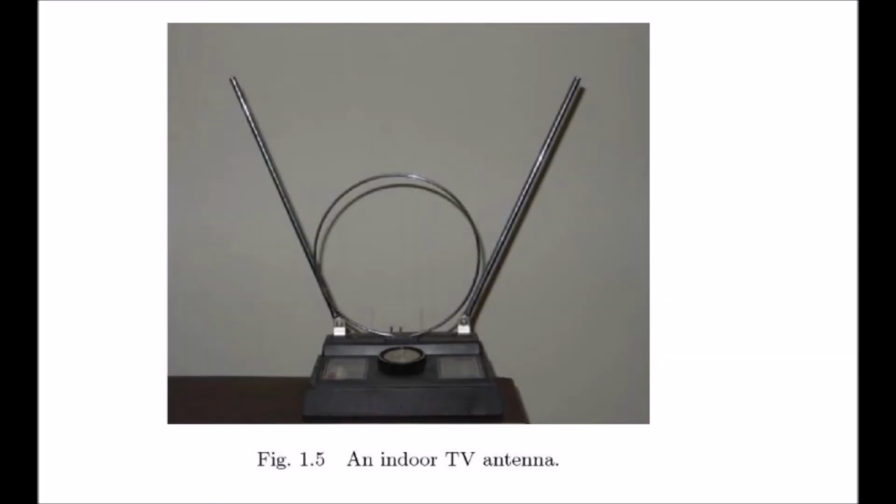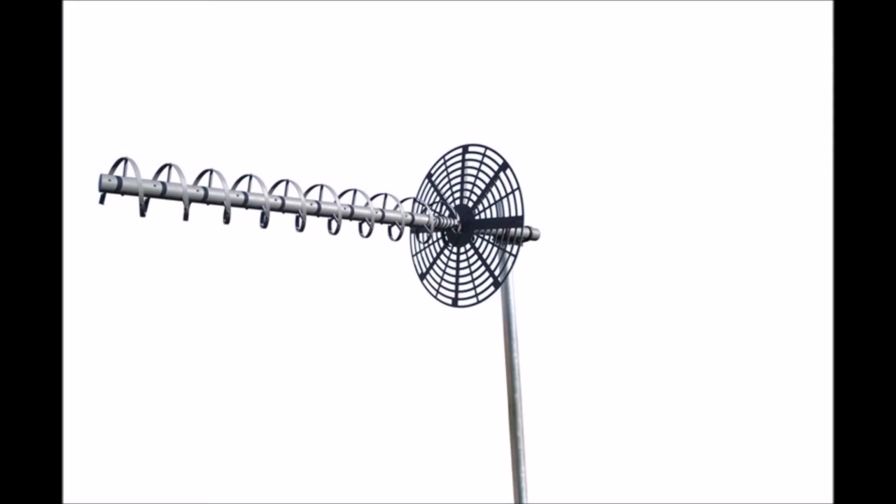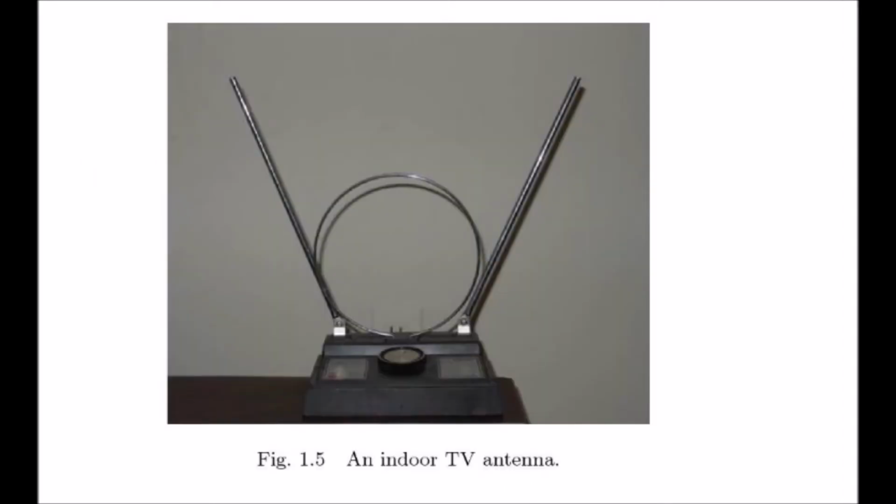Other traditional antenna elements are the loop antenna, the horn antenna, and the helical antenna. The loop antenna is used extensively in TV reception and as direction finders. An indoor TV antenna consisting of a dipole and a loop is shown.